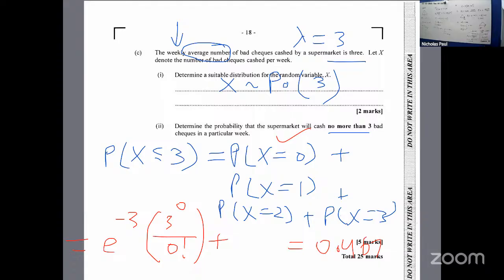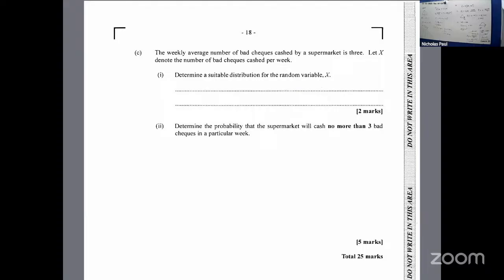So we'll do some more of these and then we move on to the continuous. Continuous is a little bit longer. We'll do some more discrete because here's what has happened. This one's straightforward. But sometimes they will ask the same thing, no more than 3, but then they will say in a particular month.